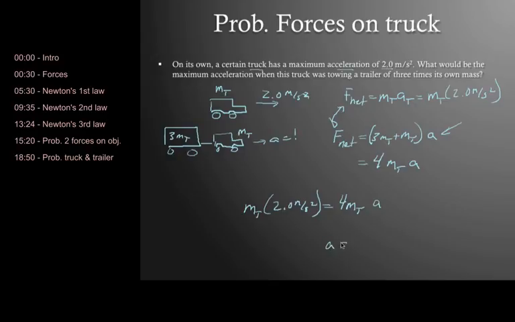So I can find out that that acceleration is going to be 2 over 4 or 0.5 meters per second squared. So because I quadrupled the mass, I am having to divide this acceleration by 4 because the force provided by the engine has to be the same.